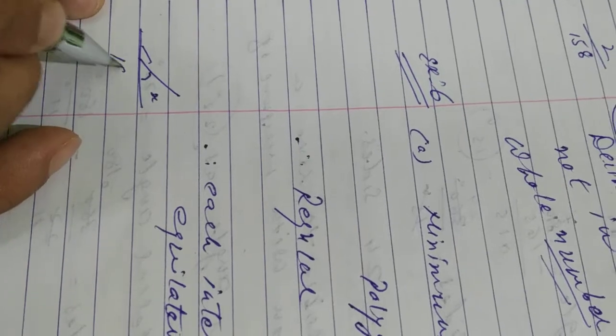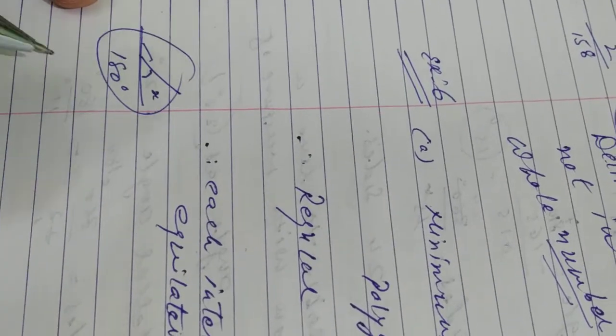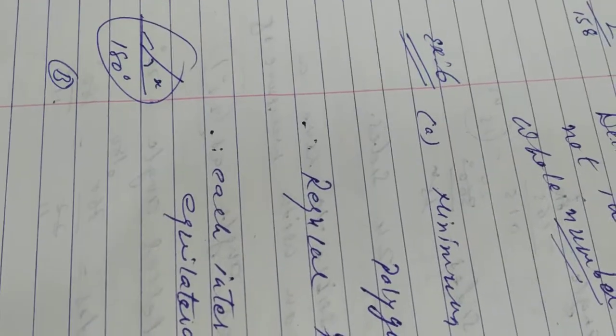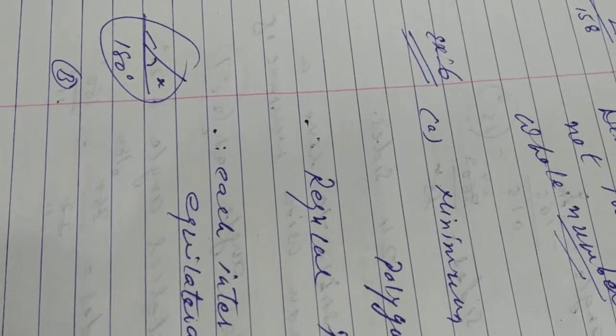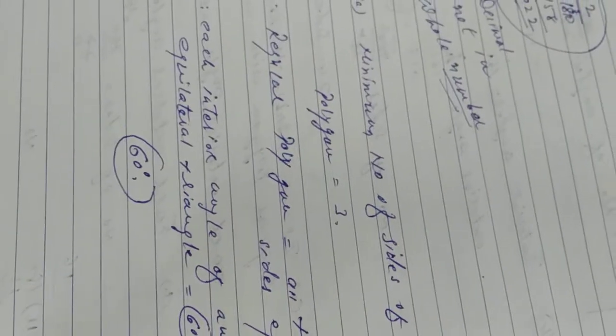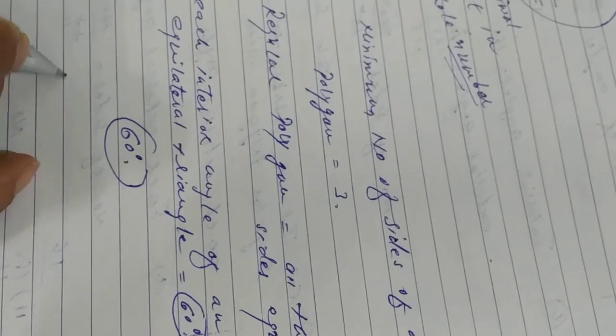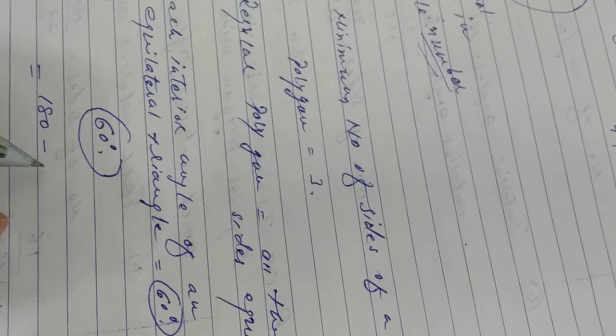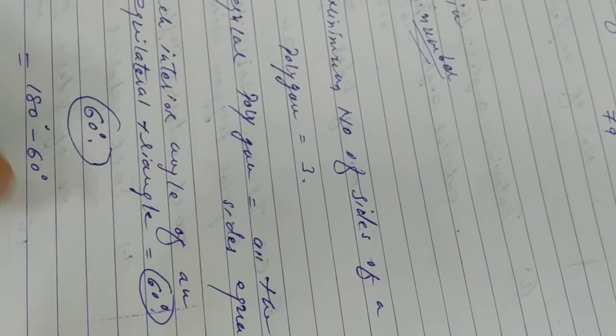So what is the sum? 180 degrees, right? And the minimum interior angle of a regular polygon, we have already learned, is how many degrees? 60 degrees. So the maximum exterior angle of a regular polygon is equal to 180 minus 60 degrees, right?